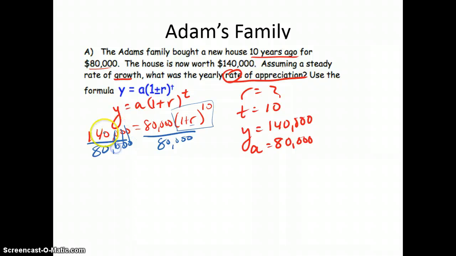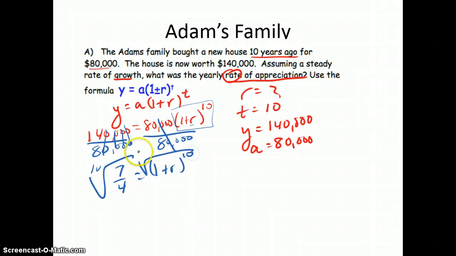Okay, when we do, we end up with 7 over 4 equals, this piece goes out, and it's 1 plus R to the 10th. Okay, so now what we want to do is take the 10th root of both sides to get rid of this 10th. So now we have, and I'm leaving this all for computations at the end, 1 plus R. And now what we're going to end up with is subtracting 1.